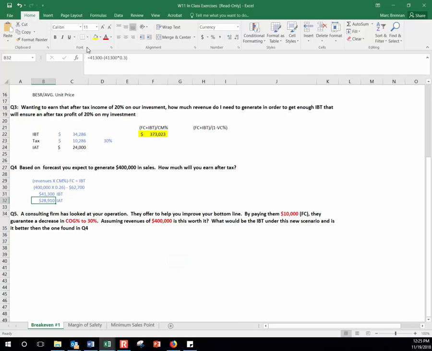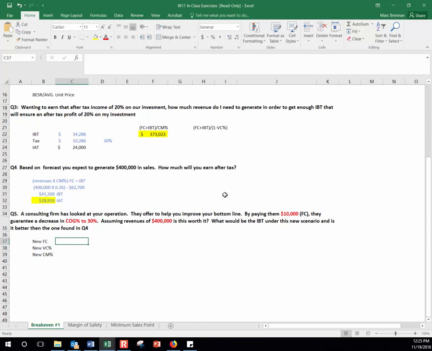So question 4, we discovered this operating profit based on $400,000 in sales. So now we can start to look at this new scenario. Okay, so our new fixed costs, we need to figure that out. We need to figure out our new variable cost percentage, which will then help us figure out our new contribution margin percentage.